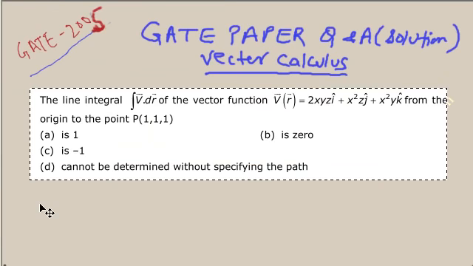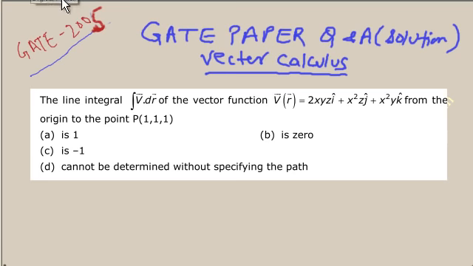This is the question from GATE 2005. The line integral of v dot dr of the vector function is from the origin to the point. I have explained in my earlier video that you can calculate the line integral only when the path is given.